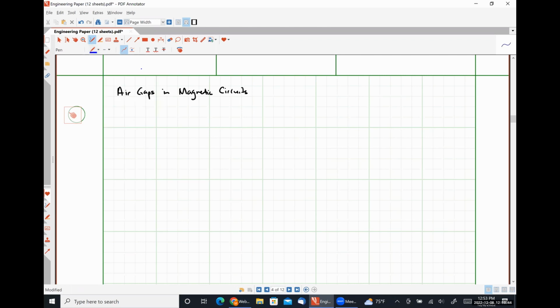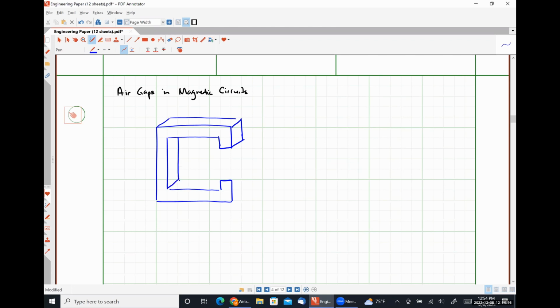So consider the following core here. Where I am vastly exaggerating the size of an air gap that you would see in an actual magnetic circuit. Wrap a coil around one leg of this core.